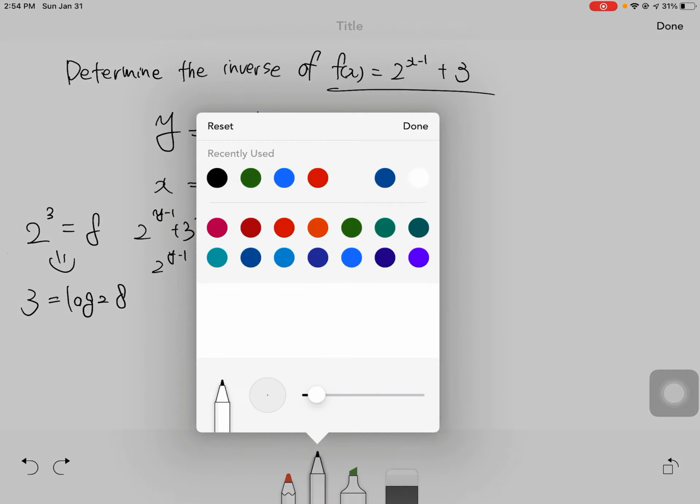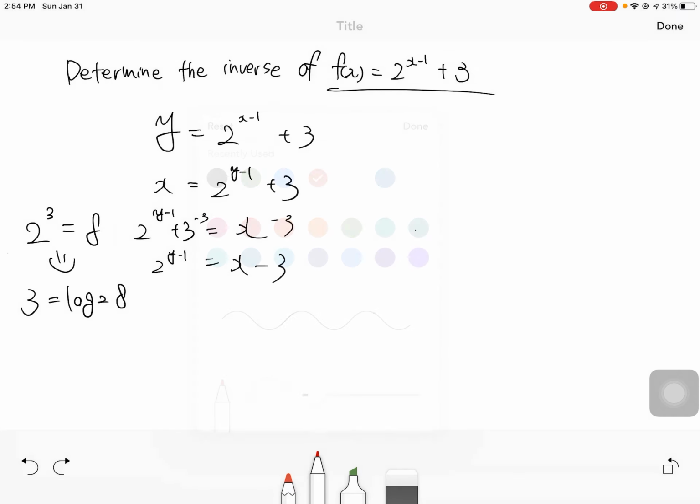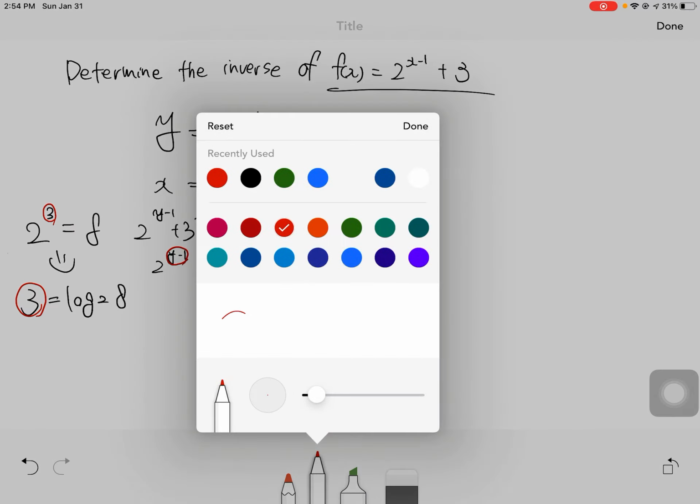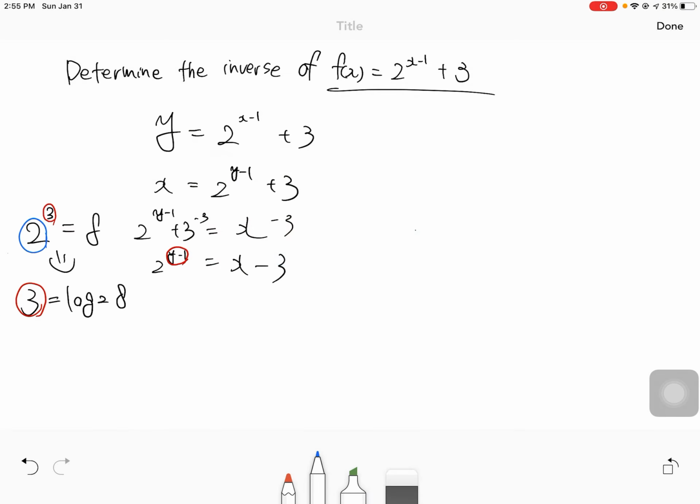So let's see. These correspond, and these correspond to here, and the green one corresponds to.